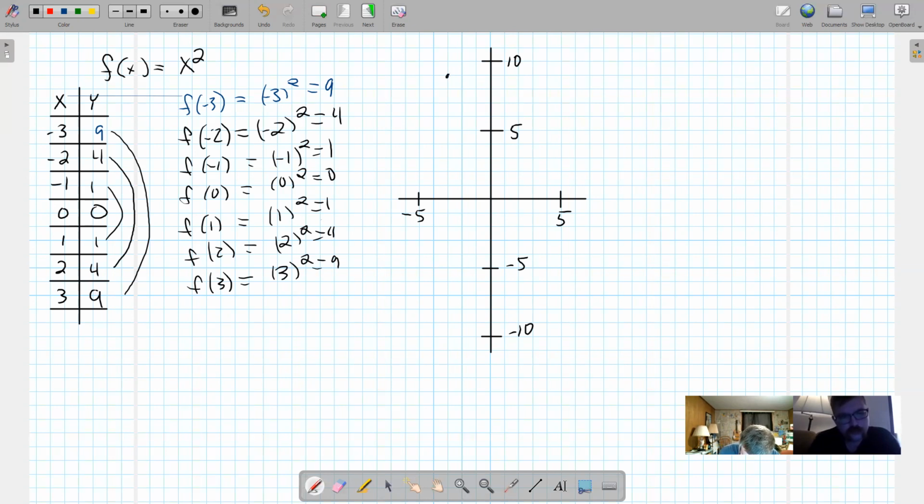-3, 9 is right there. -2, 4. -1, 1, 0, 0, 1, 1, 2, 4, and 3, 9. Now, obviously, if this is a linear function, I've messed up big time. It's not linear.